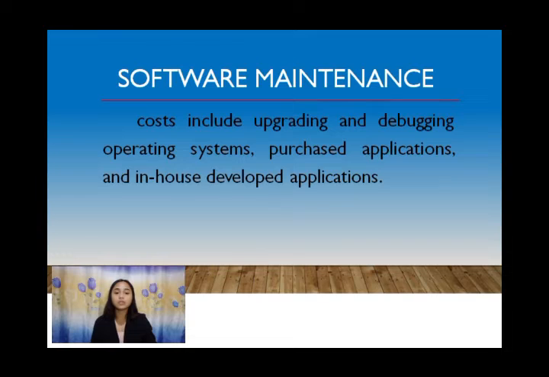These costs include upgrading and debugging operating systems, purchased applications, and in-house developed applications. Maintenance contracts with software vendors can be used to specify this cost fairly and accurately. Estimates of in-house maintenance can also be derived from historical data.